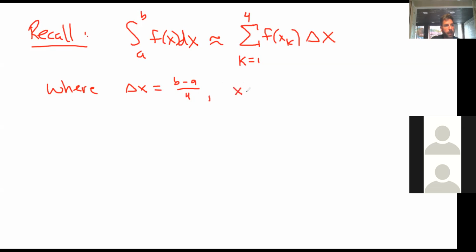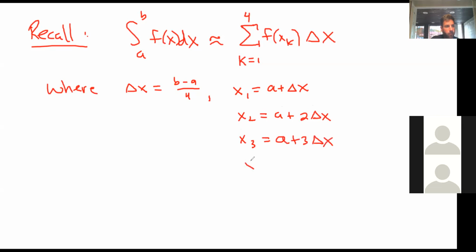And then x sub 1 is a plus delta x. X sub 2 is a plus 2 delta x. X sub 3 is a plus 3 delta x.